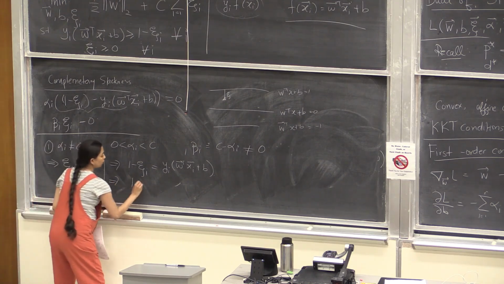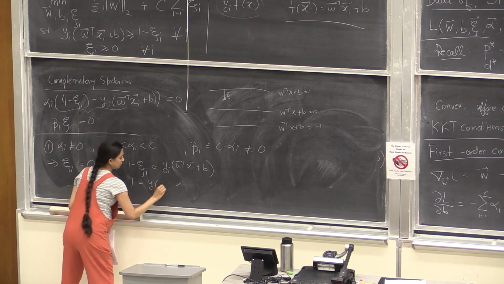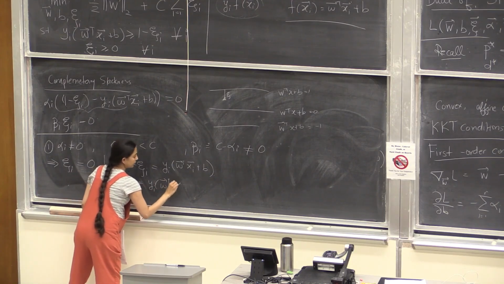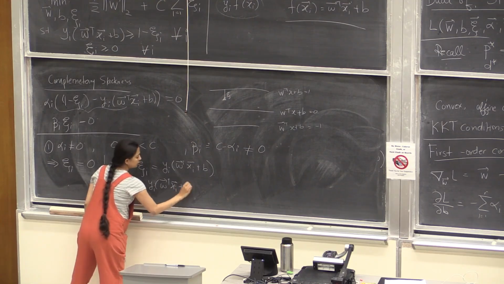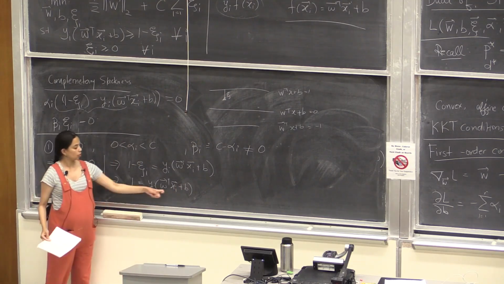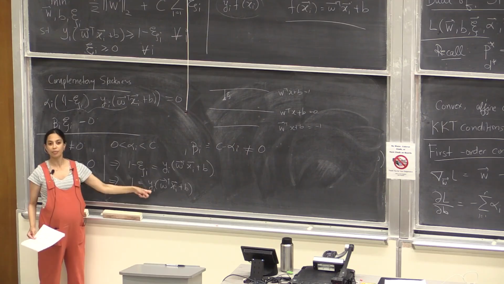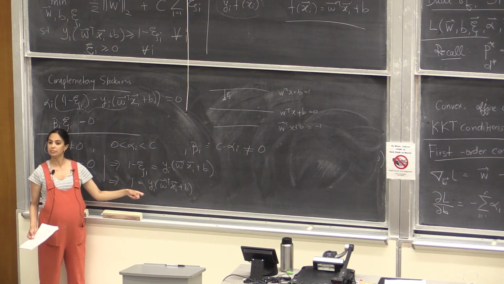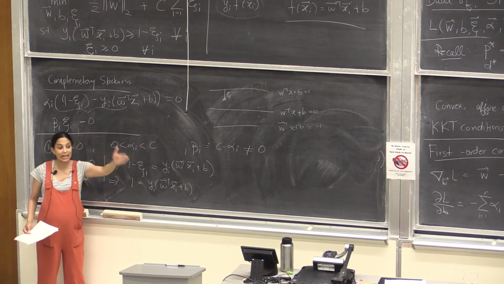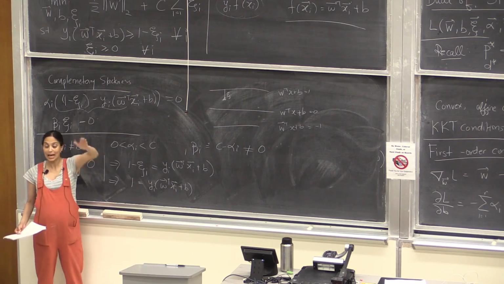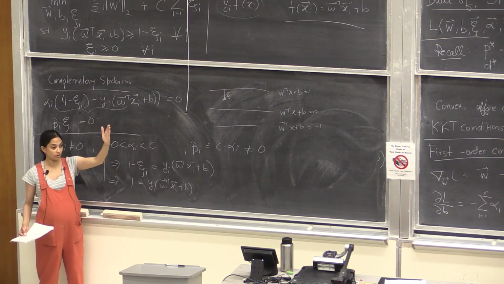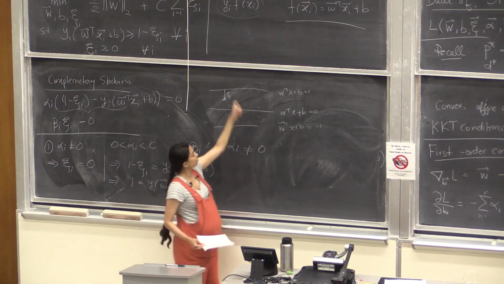Therefore, 1 is equal to y i times (w transpose x i plus b). But what does this mean about the ith point? Where does it lie? Exactly on the boundary, exactly on the margin, right? It's exactly here or exactly here.